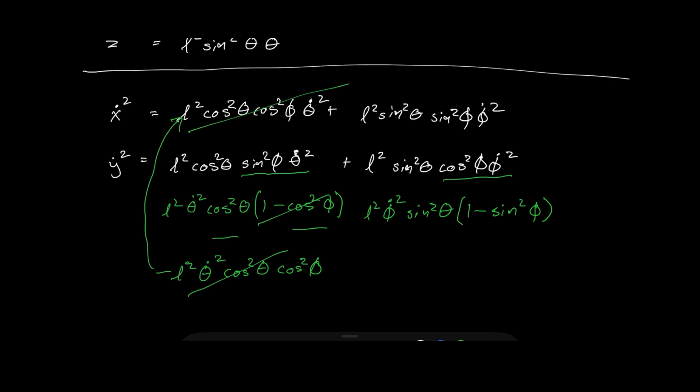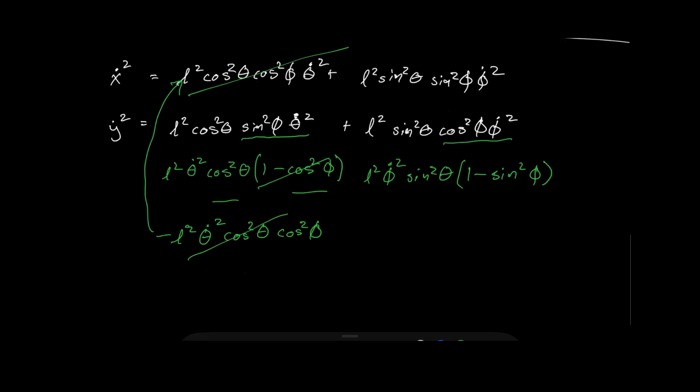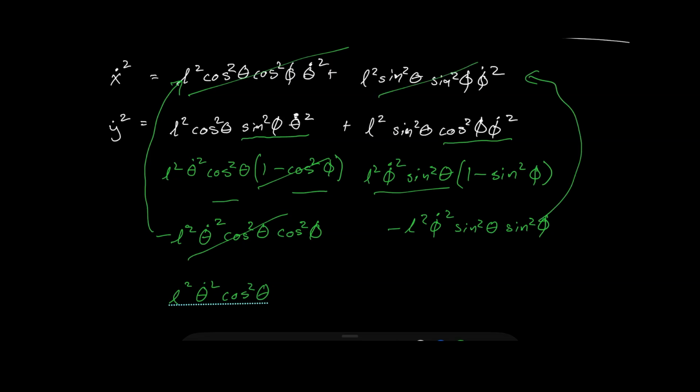So that all goes away. And we're left with L squared theta dot squared cosine squared theta. And then the same thing here. So we're going to have this term and then minus L squared phi dot squared sine squared theta sine squared phi. This cancels out with this term. So these two go away.